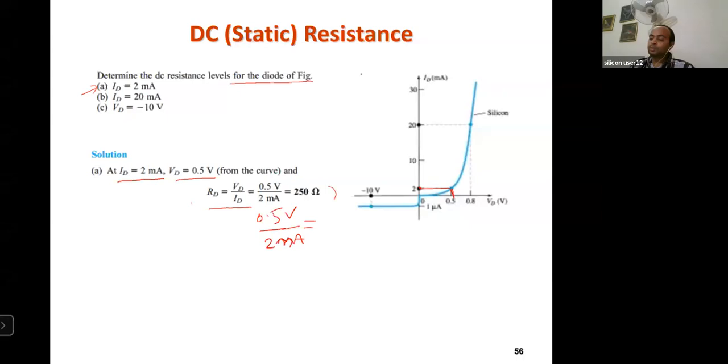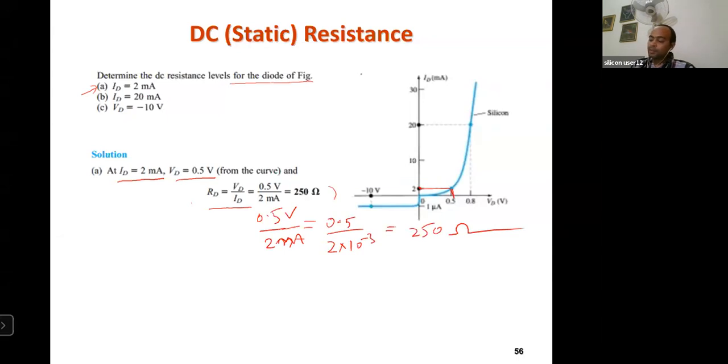Most of the time, in short questions, if you don't put this, the answer will be wrong. These things are very easy, but sometimes you may make a mistake with 10 to the minus 3. The answer will be 250 ohm.